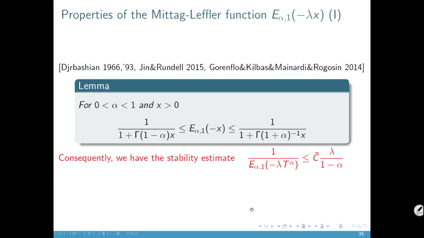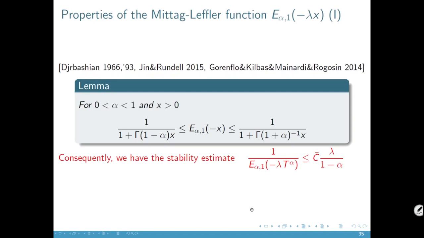So here you see the stability estimate, and we are actually going to use the left-hand inequality of these two, because we are taking the reciprocal and want to estimate from above. Using properties of the gamma function, this tells us that 1 over the Mittag-Leffler function, that's just our amplification factor, is proportional to 1 over 1 minus alpha, times lambda, by the way.